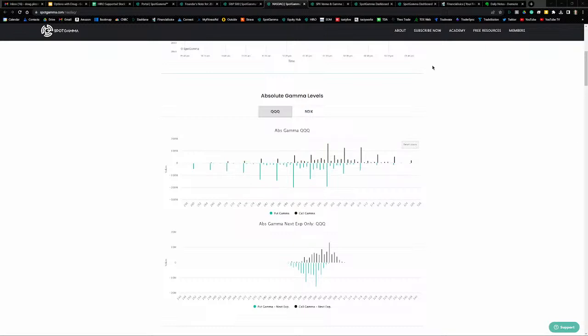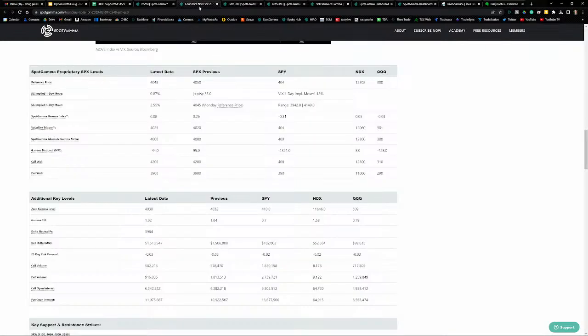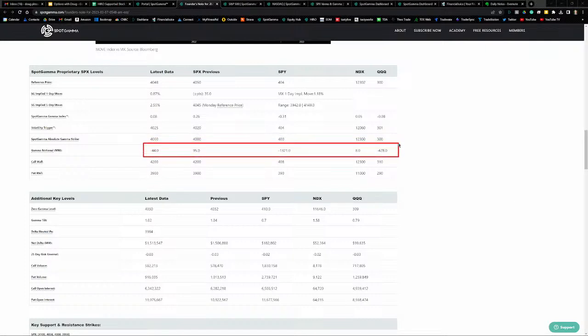All right, let's take a look at the data now. The data that I always look at is the gamma notional. This shows market maker's position on the gamma curve. SPX is shown in the left column, SPY in the middle column, and QQQ in the far right column.